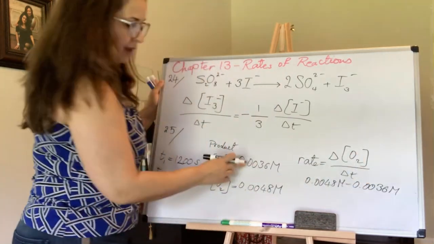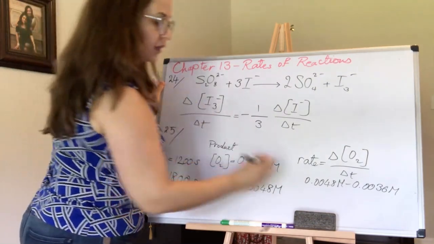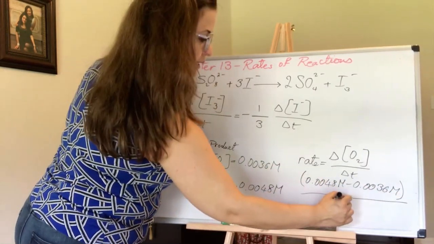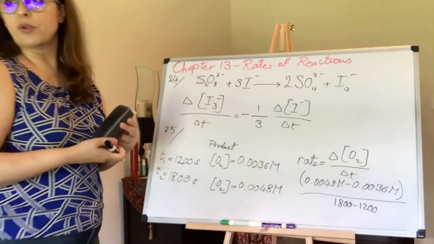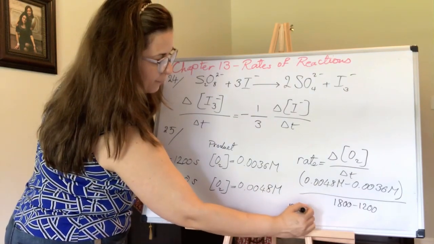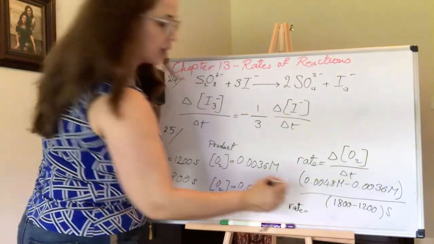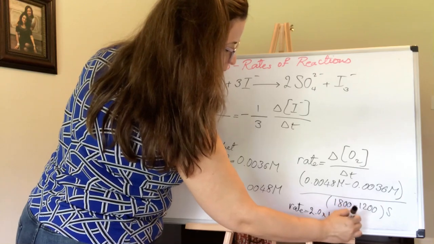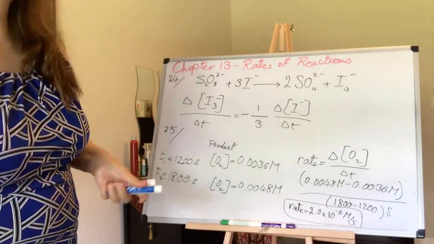And you see, it makes sense because it's the rate of formation, the concentration is increasing. Over delta t, which is 1800 minus 1200 seconds. So the rate is going to be 2 times 10 to the negative 6 molar per second.